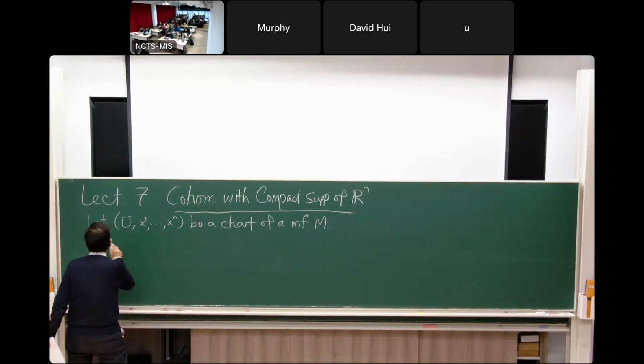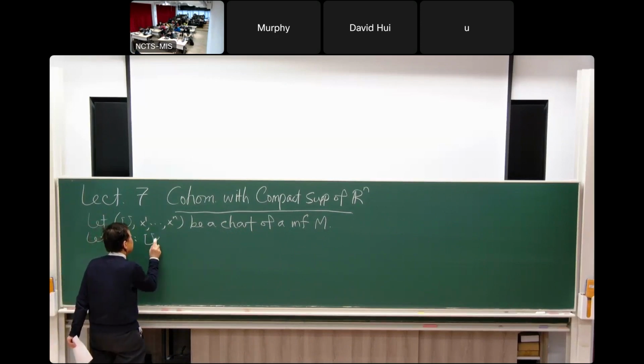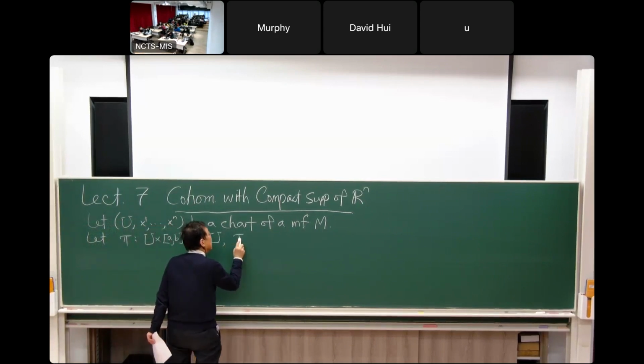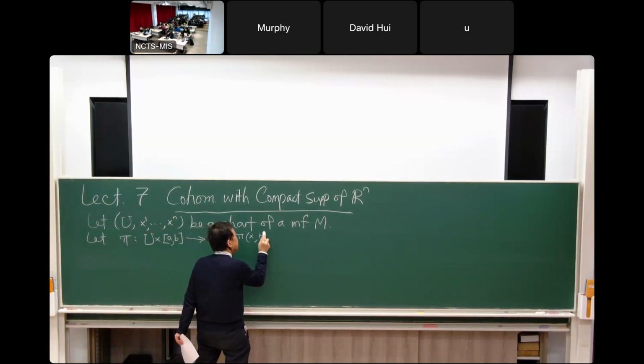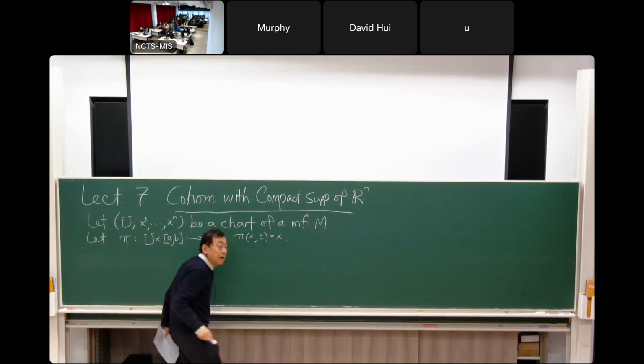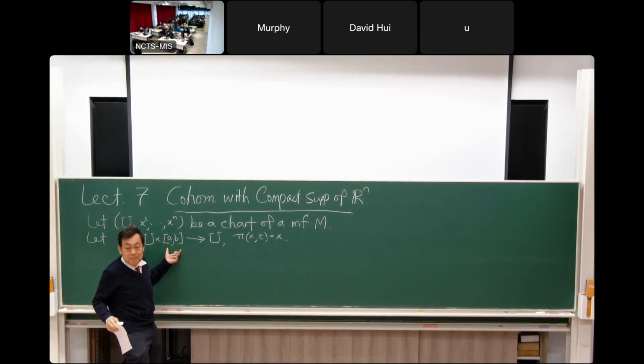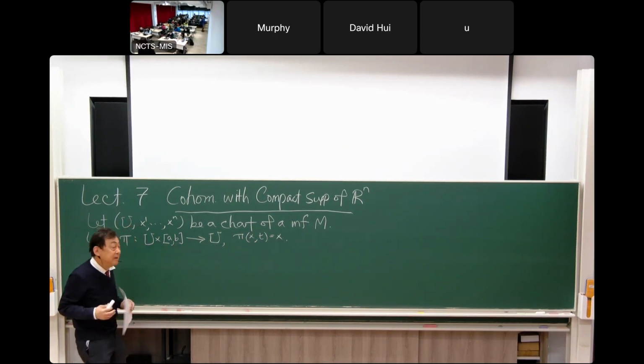And then we define the projection map from U cross [a,b] to U. Last time we just took the unit interval, but we can take the interval from a to b.